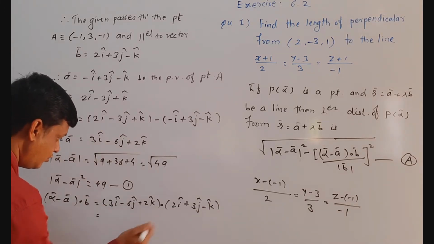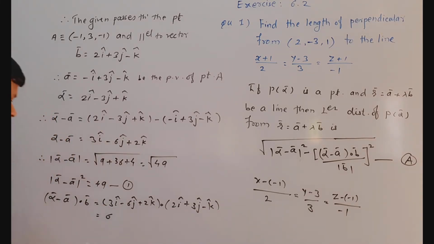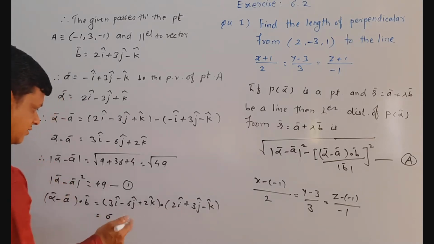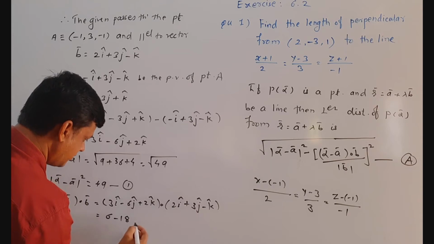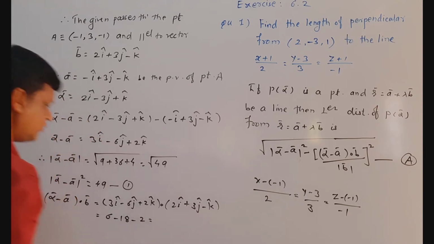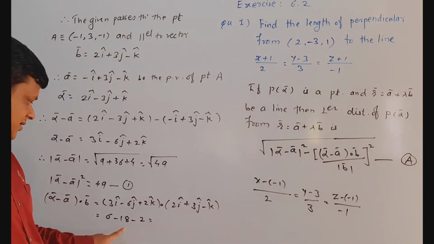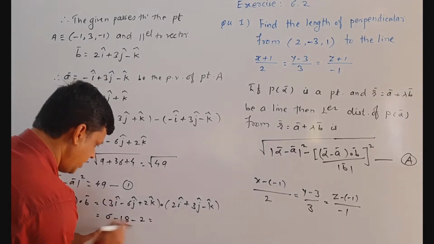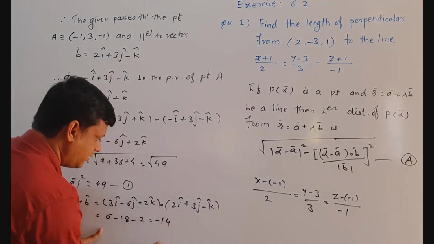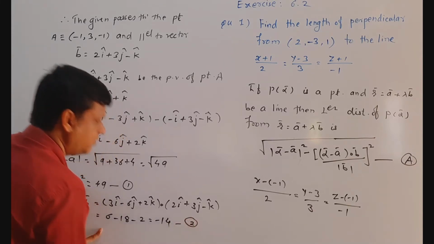Now 3 into 2 is 6, minus into minus is plus, so we get 6, then minus 18, then 2 into minus 1 we get minus 2. So here minus 18 minus 2, that is minus 20. Minus 20 plus 6, so we get minus 14. So we know this as equation number 2.